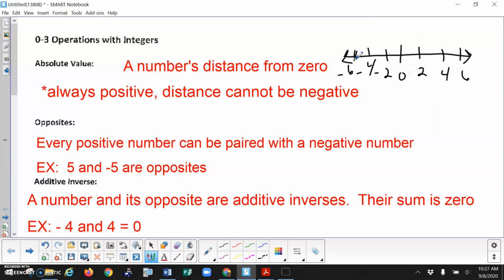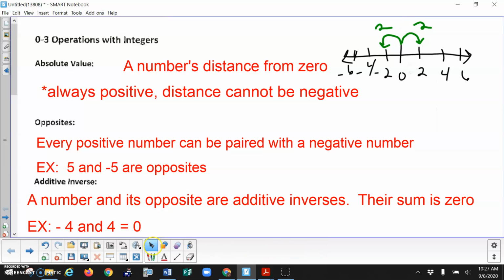So the +2 distance from 0 is 2 units. But the number -2, the distance from 0, is also 2 units. So I could go 2 units this way, or I could go 2 units that way. Still has the same absolute value. Doesn't matter what direction you're traveling.